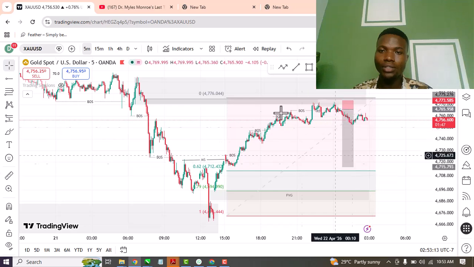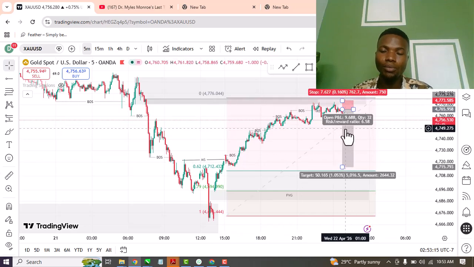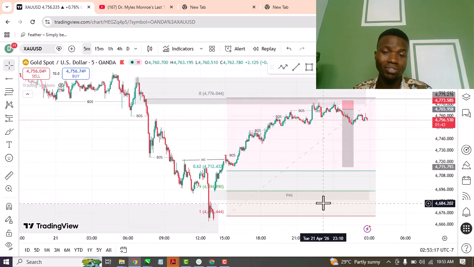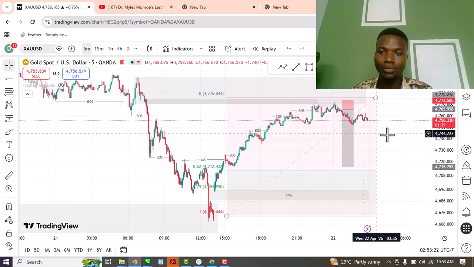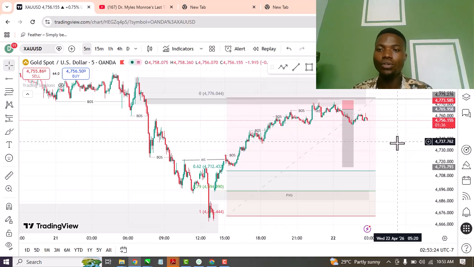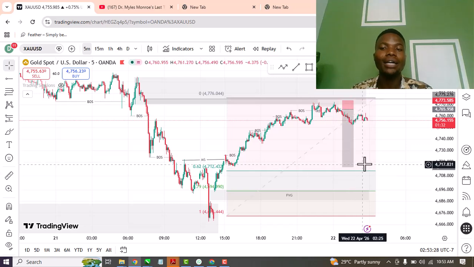This is the premium zone and this is the discount zone. With this view of price, I'm expecting price to make a reversal at this level here.